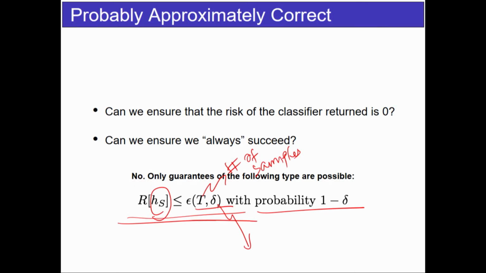One example of a really bad training sample is all of them giving the same blue point. If that's the case, you can't do anything about it. But that's an event that happens with delta probability, and delta you can bound. So these are the kind of results that you can actually get. That's basically the risk of your returned classifier is less than or equal to epsilon, and that epsilon depends on T and delta. Okay.